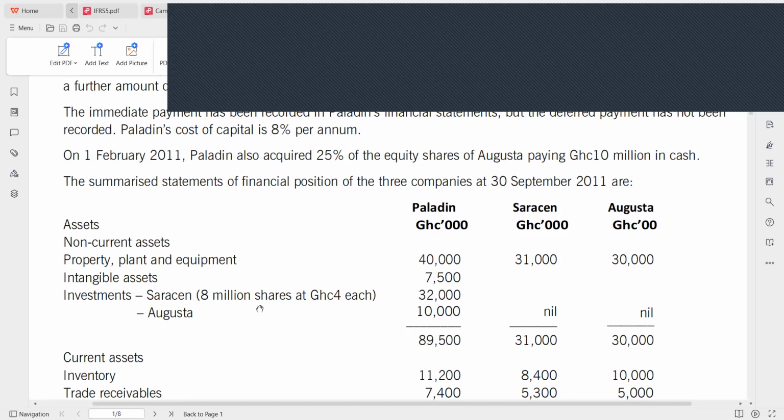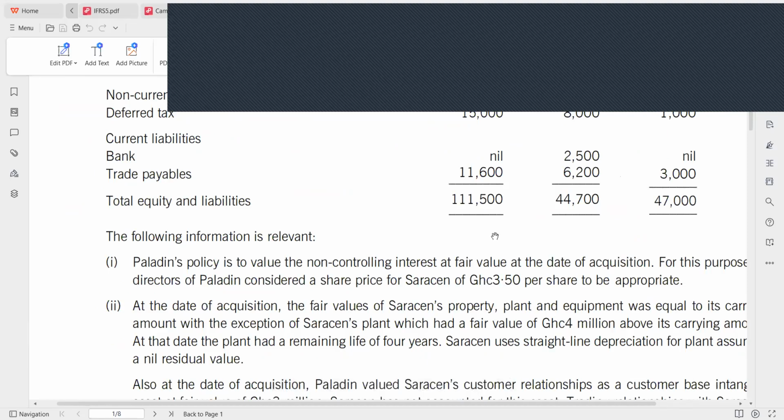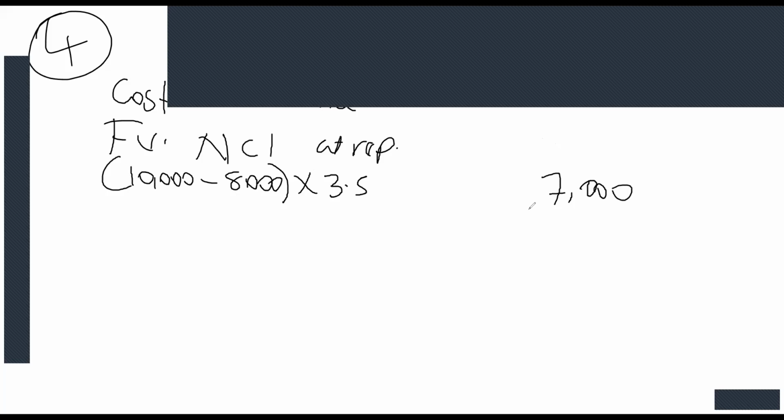NCI will have 2,000 shares. So multiply the 2,000 by the share price of the subsidiary at the date of acquisition. How do you get the 2,000? It was 10,000 minus 8,000. Times 3.5. 2,000 times 3.5 is 7,000.